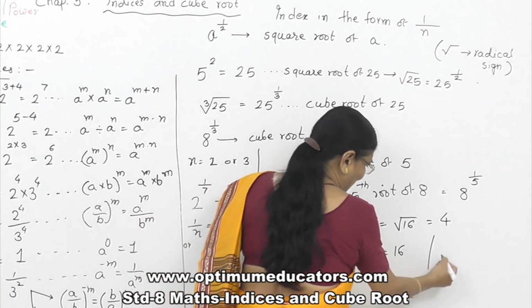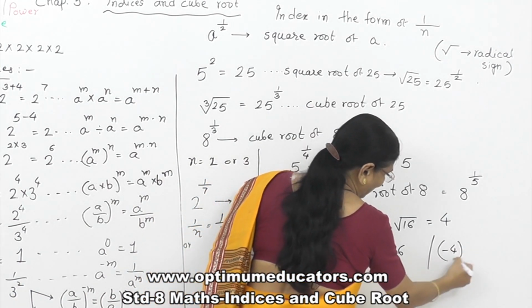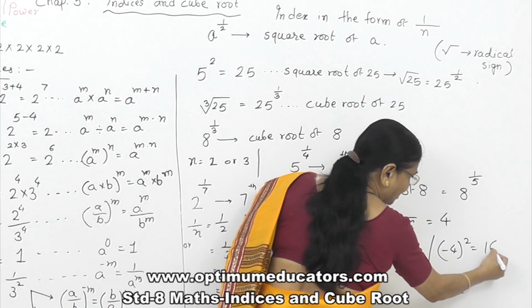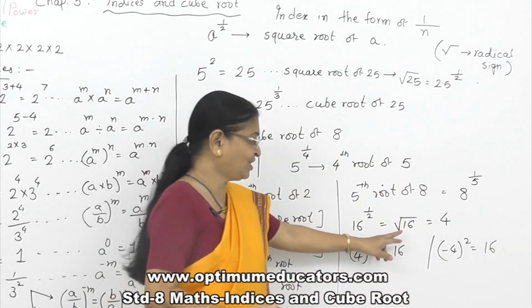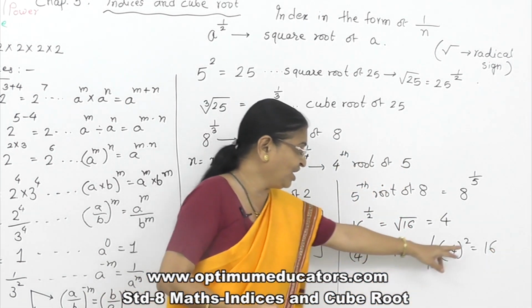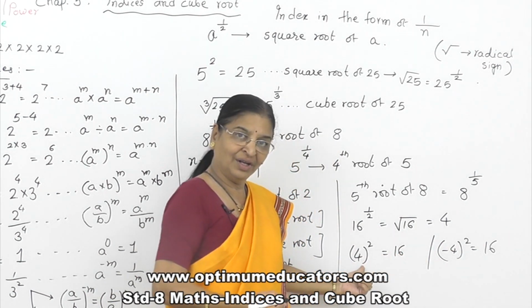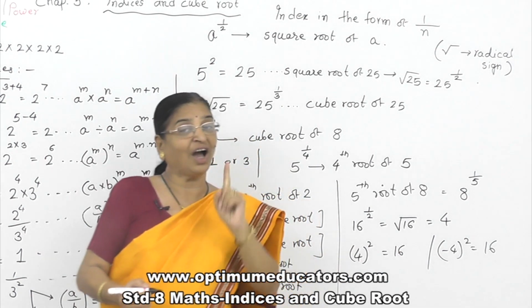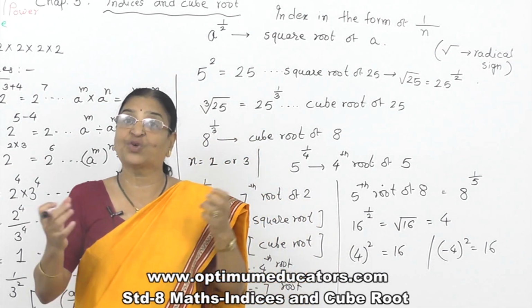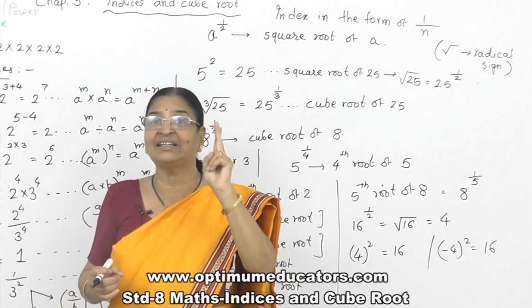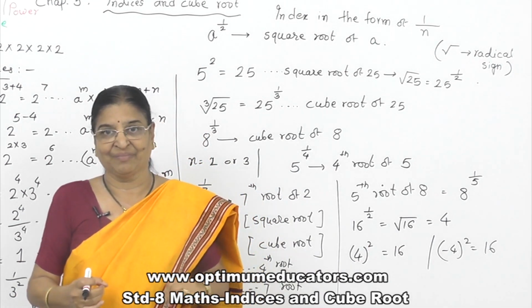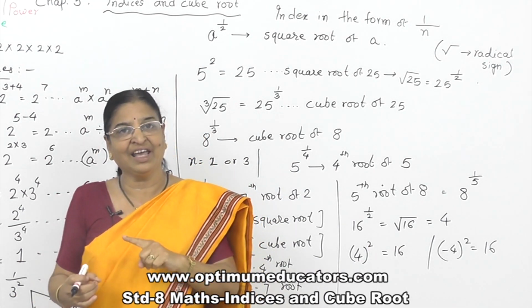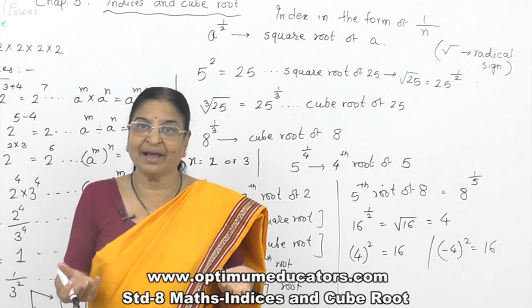No, it is minus 4 also. It is also 16. Then how can you say that root 16 is plus 4 and not minus 4? Yes, I know this. Also you have learned that square roots always have two numbers, that is positive and negative. Which number should be taken?